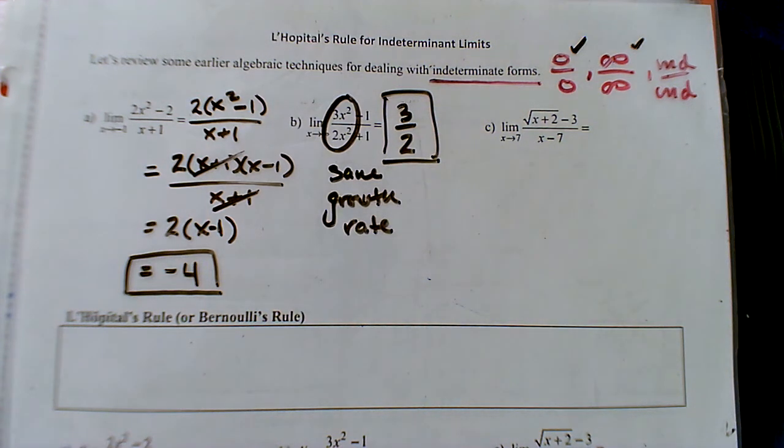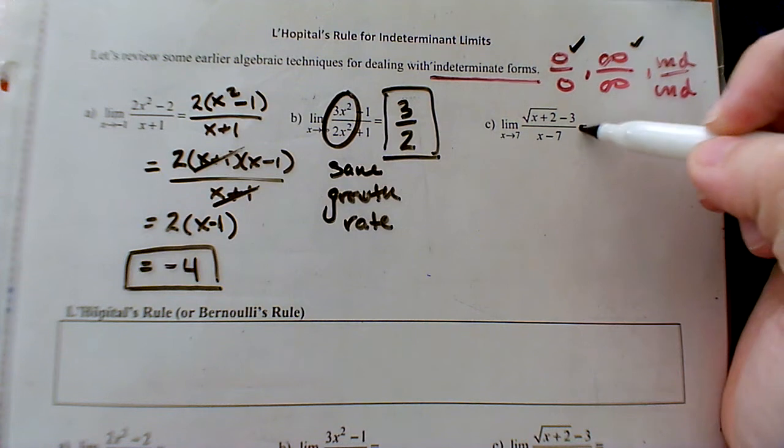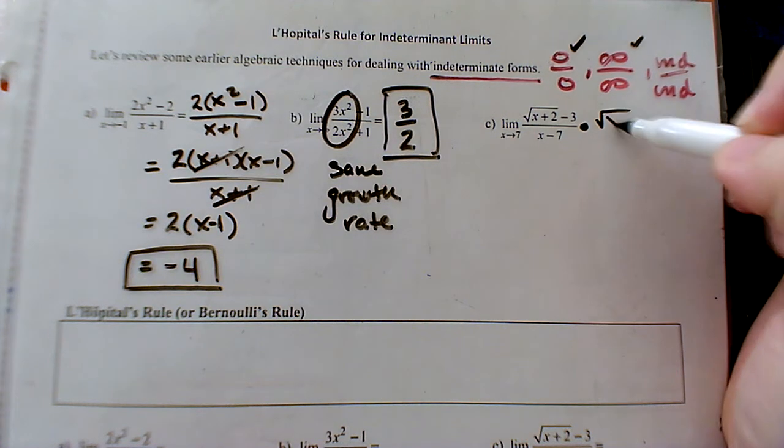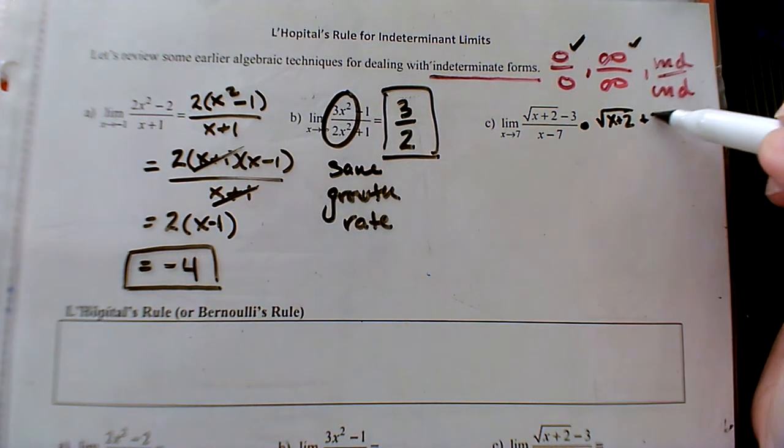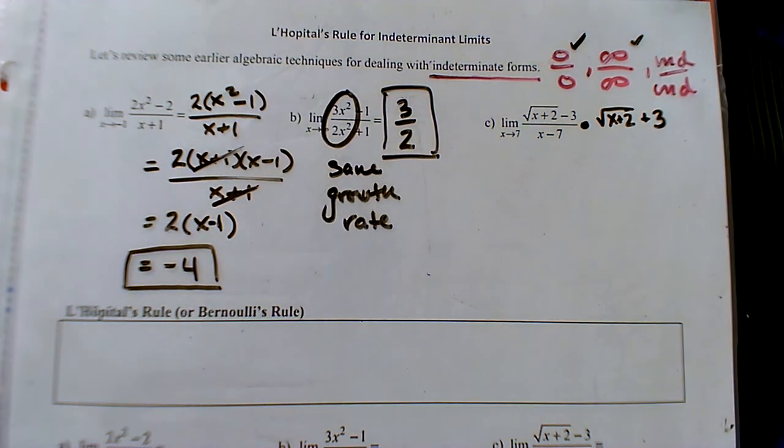Didn't we multiply it by the square root? Close. The square root of x plus 2 and then? Plus 3. Do we remember what that's called? It's a conjugate. Conjugate is where you keep the terms the same, but you switch the operation in between them.